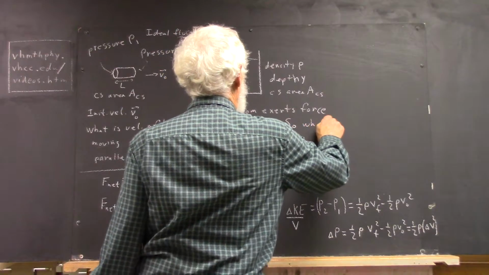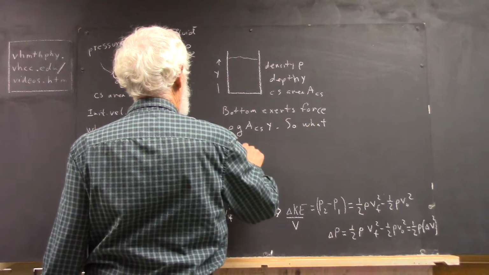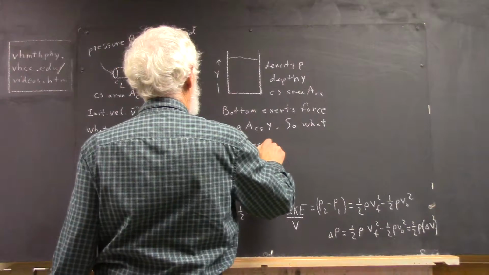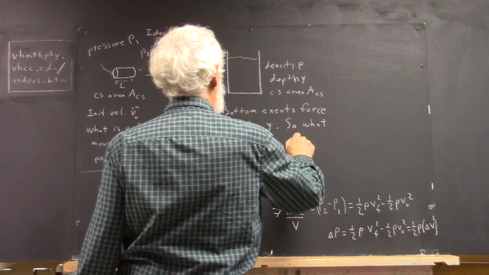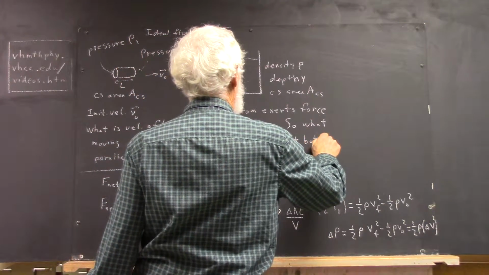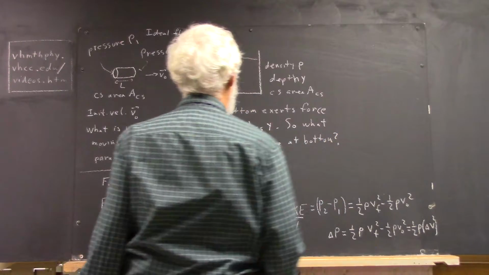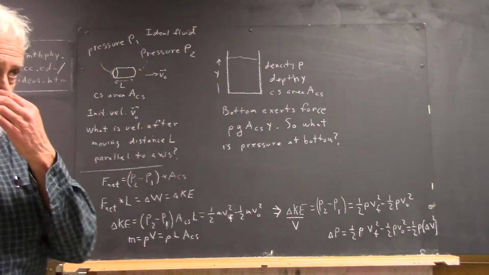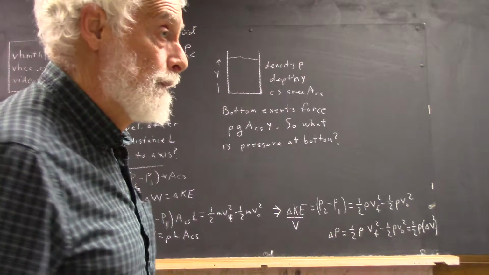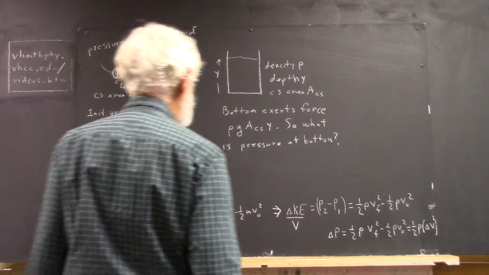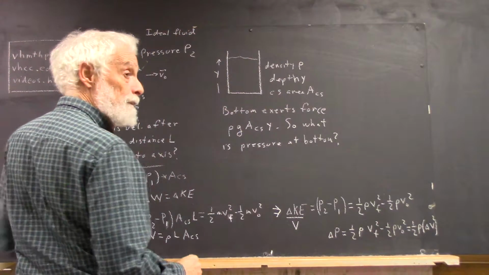So what is the pressure on ACS at the bottom? It's rho G Y. Okay?